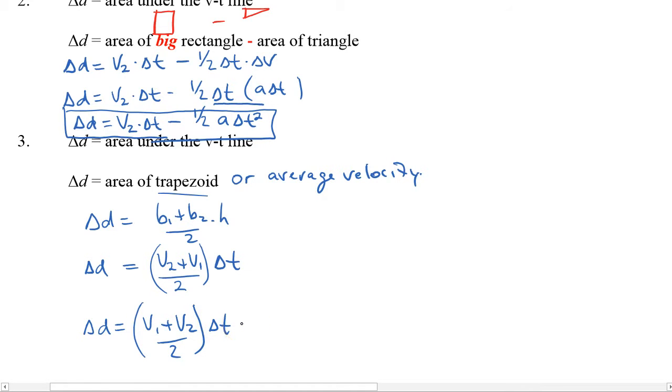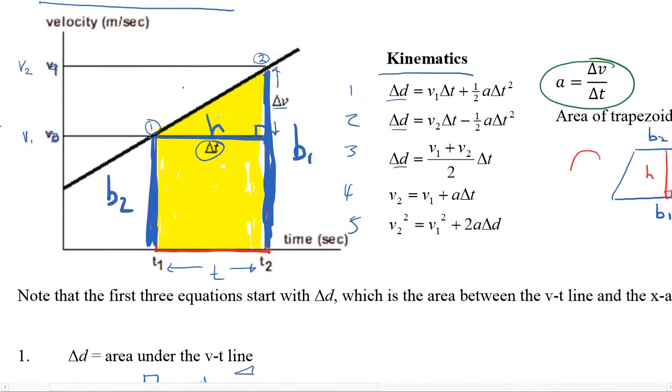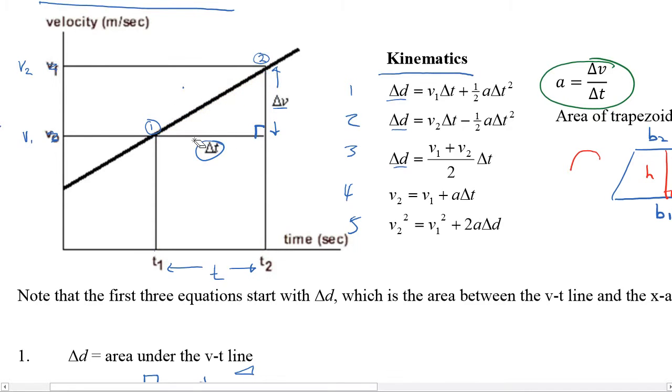If you think of it as average velocity, so again, I'll do a little bit of erasing here. So if we get rid of all this stuff. If we think of it as average velocity, even though it starts from v1 and ends at v2, if we consider this halfway point here, this would be equivalent to having a constant velocity halfway in between.